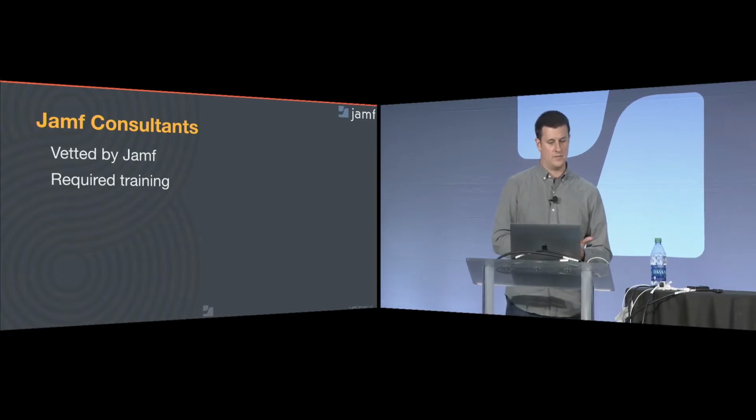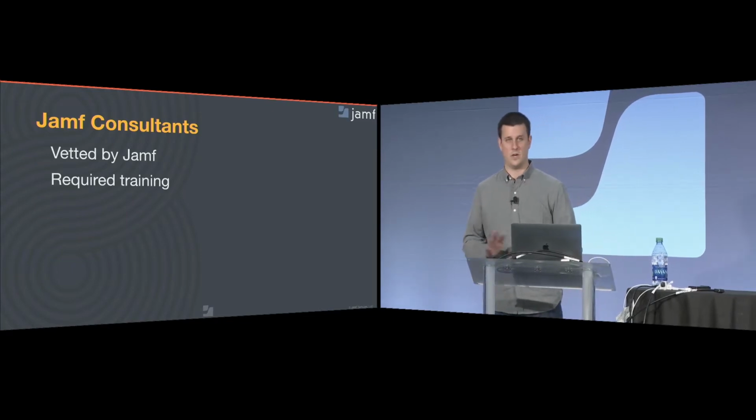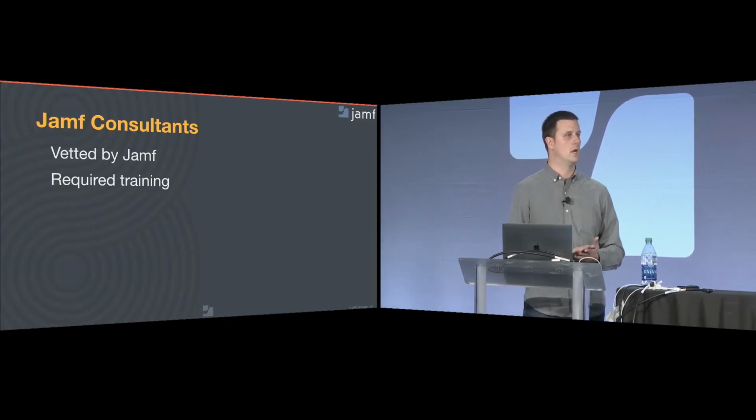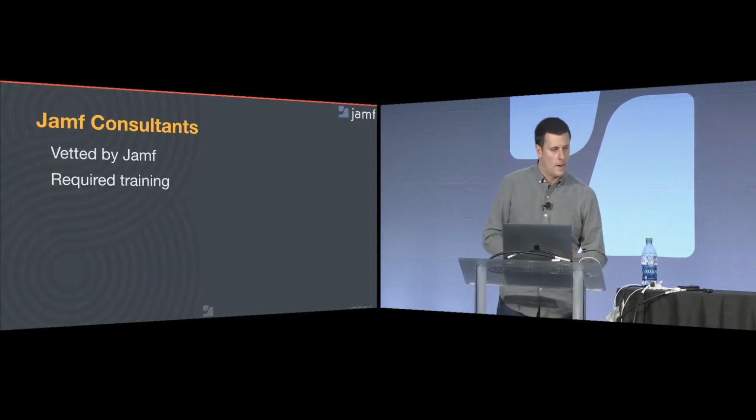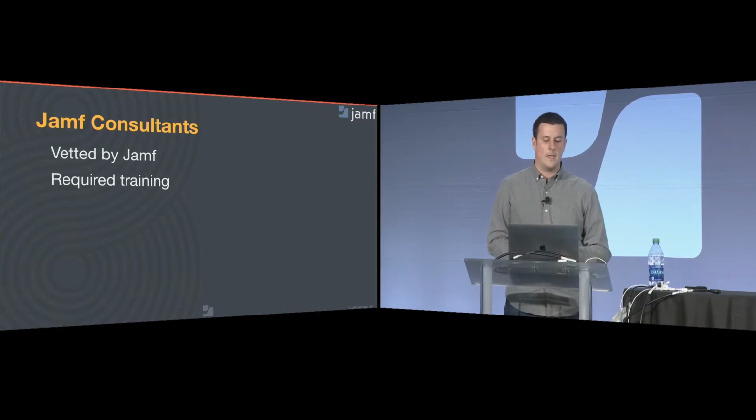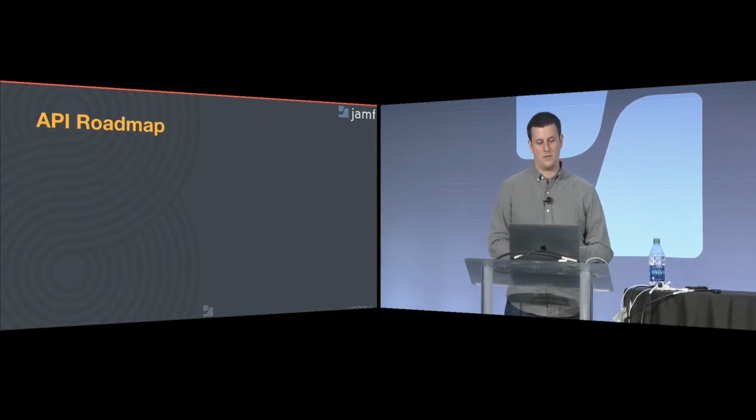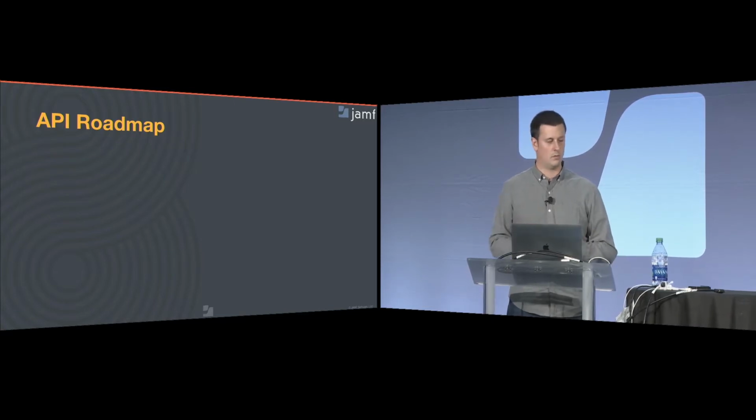So that's kind of what I have today in terms of the Jamf Developer Portal, the Marketplace, and the Jamf Consultants Network. I did want to talk about one more thing before we get out of here, and that is kind of an API roadmap going forward. So more on a technical as opposed to a documentation type level.